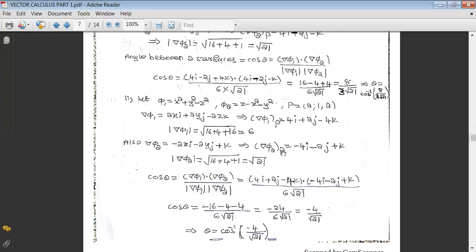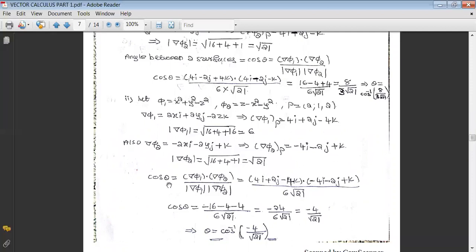If you take that at P, it is given by minus 4i, minus 2j, and plus k, and the magnitude of that is square root of 4 square, that is 16, plus the square of minus 2, that is 4, plus the square of 1, that is 1, that is square root of 21.